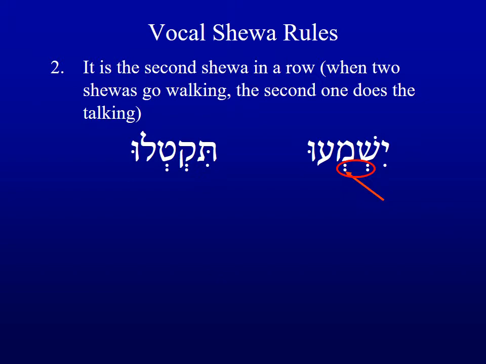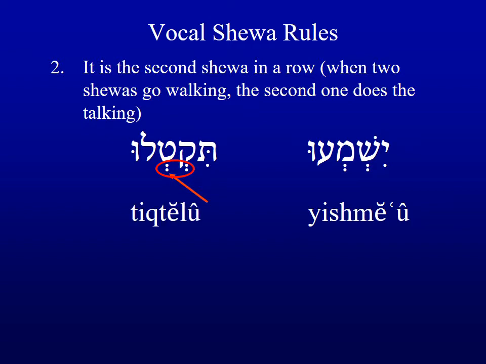The second schwa in a row is the vocal one. So this word will be pronounced yishma'u. See the same thing with this second word? We have 2 schwas in a row. First one silent, second one is vocal. This word would be pronounced tiktalu.